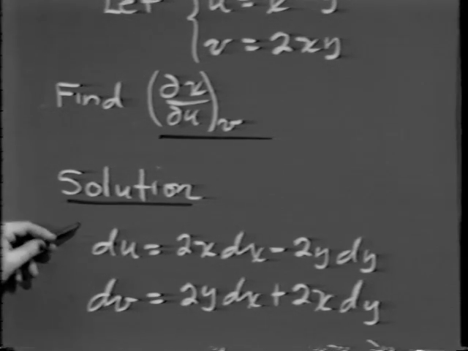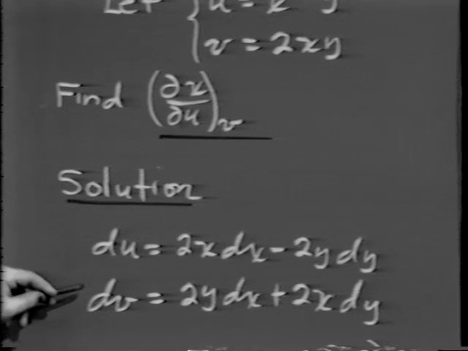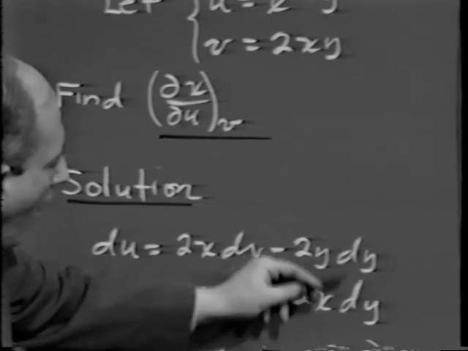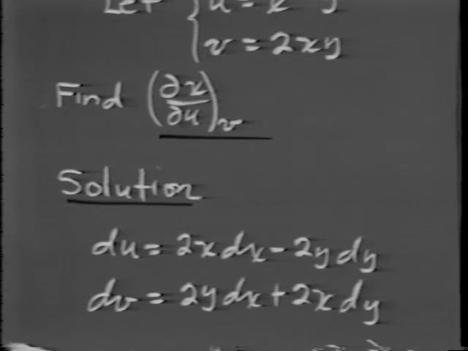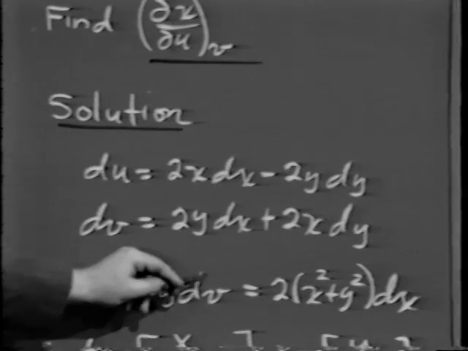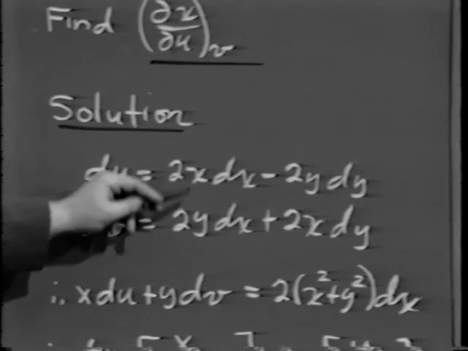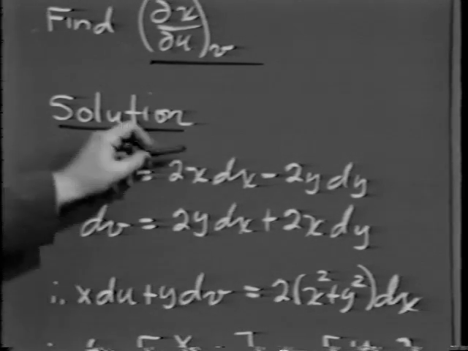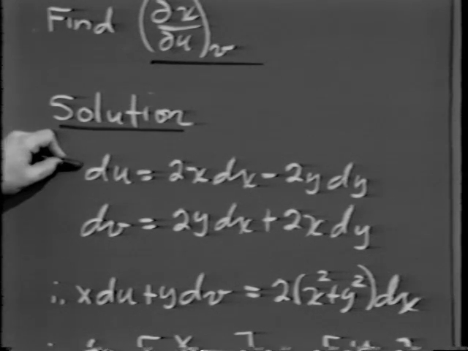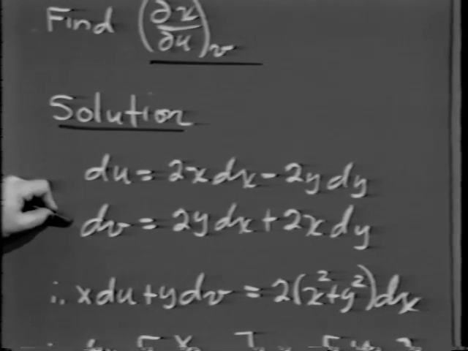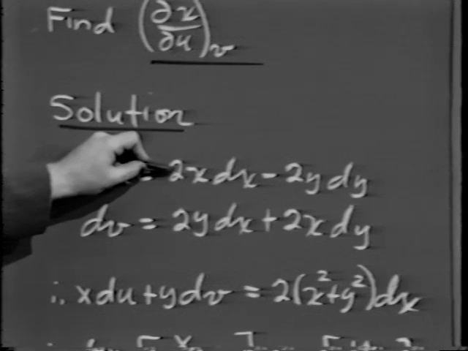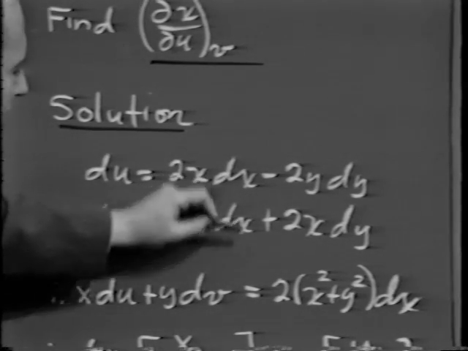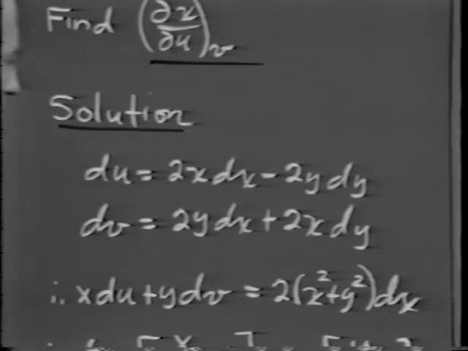I could multiply, say, the top equation by x, the bottom equation by y, and when I add them, the terms involving dy will drop out, and I will get x du plus y dv is 2x squared dx plus 2y squared dx, which is twice the quantity x squared plus y squared dx.